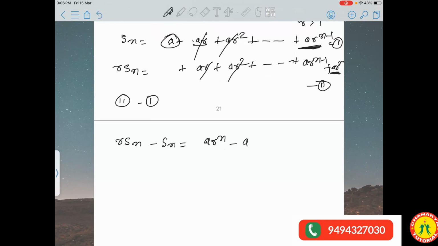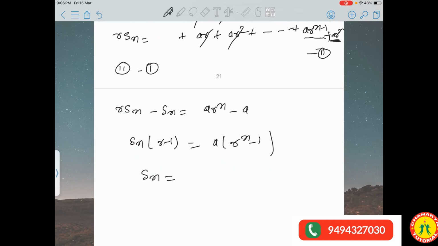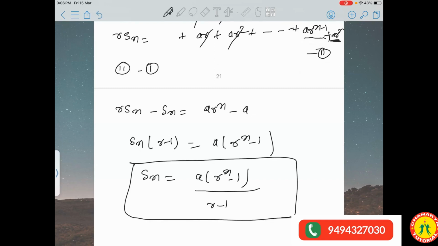This is a star term. Now Sn is common, so Sn times r minus 1 is equal to a times r power n minus 1. So Sn is basically a times r power n minus 1 upon r minus 1. This is the Sn formula.